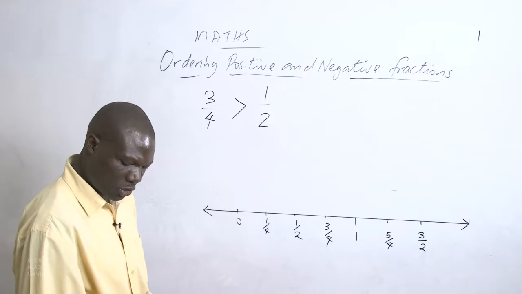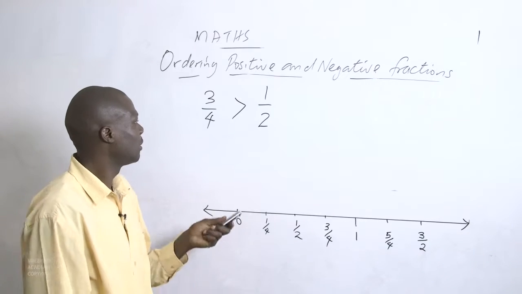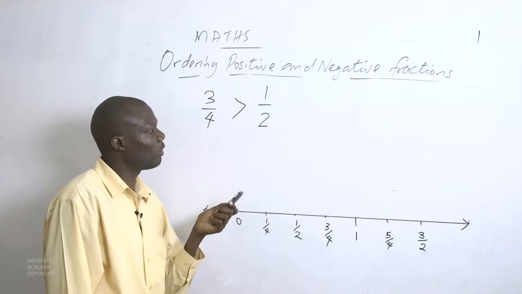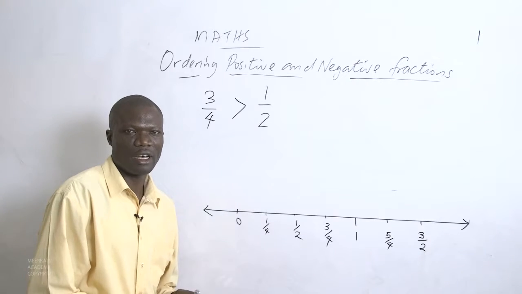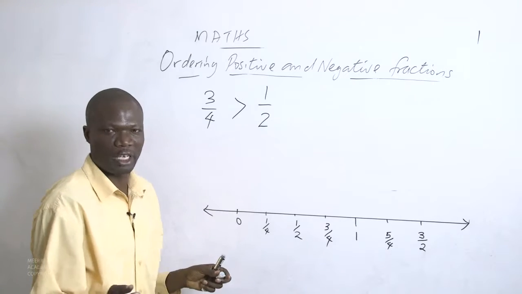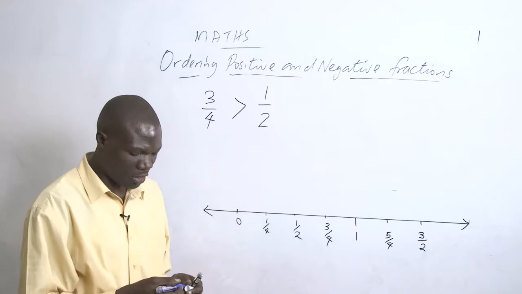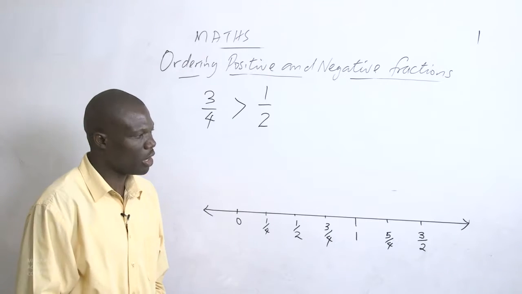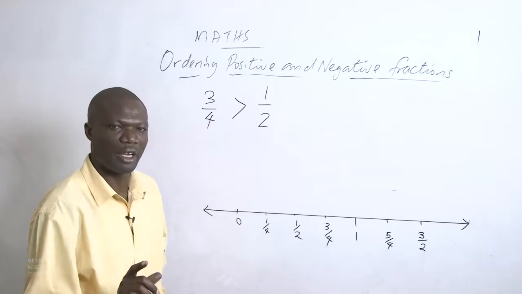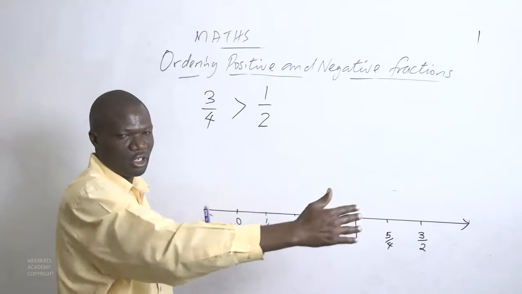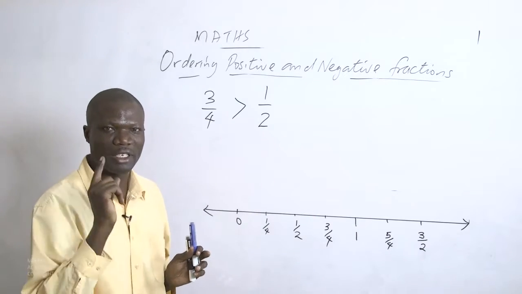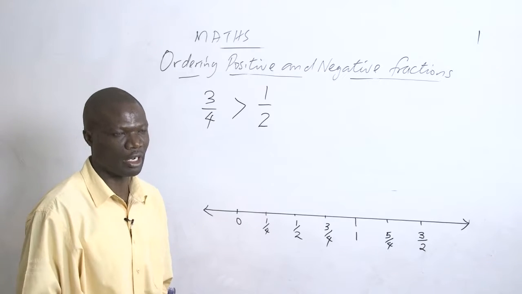Now, we wanted to show from the number line that 3 over 4 is greater than a half. From the way we saw it earlier about the number line, when a number is on the extreme right, then that number is greater than the one which is on the left.